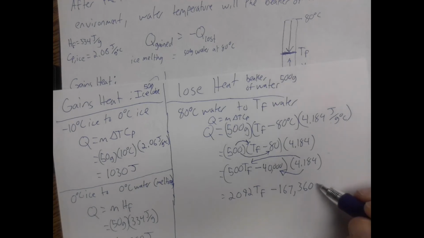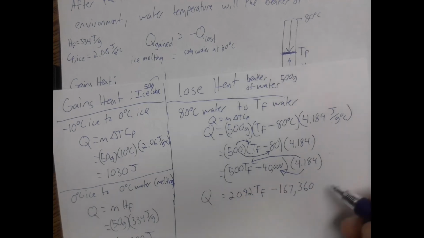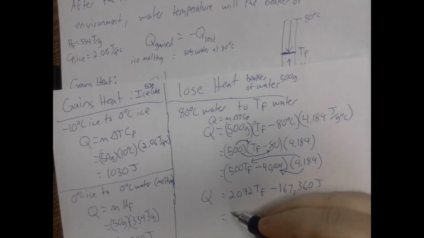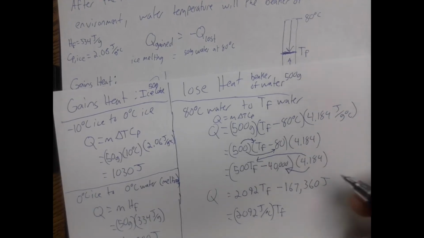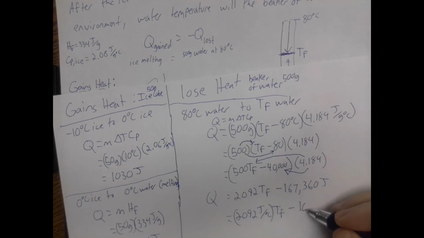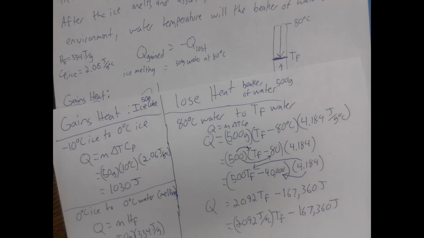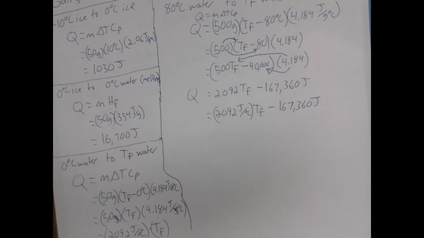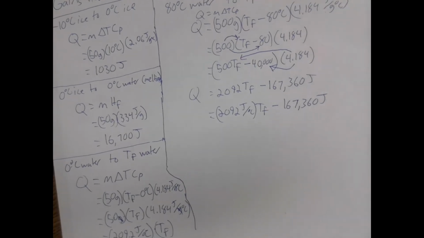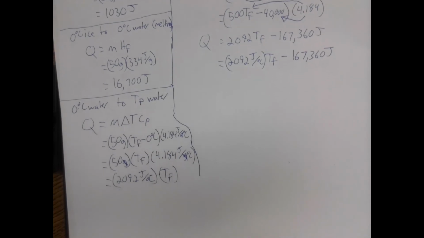I know Q is in joules, so this would be joules. I know that this unit should be in joules per degree Celsius. You really don't have to keep units in if you don't want to, as long as you put units on the final answer. But now we've got our right hand side and our left hand side. Yes, this is a lot of math.